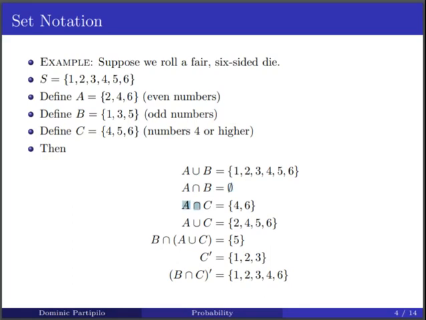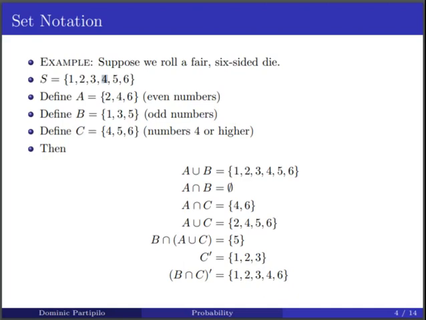And we could also look at A intersect C. And remember, A intersect C is the set of outcomes that are in A and in C. So let's go one by one. It doesn't look like 1 is in either of these events, so we can't include that. 2 is in A, but it's not in C, so we can't include it in the intersection. 3 doesn't look like it's in either of those events.